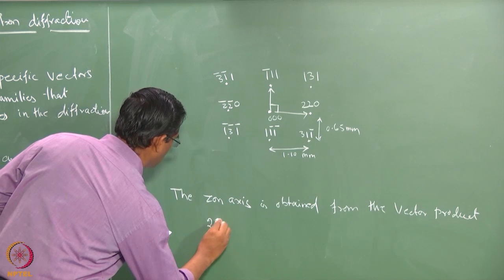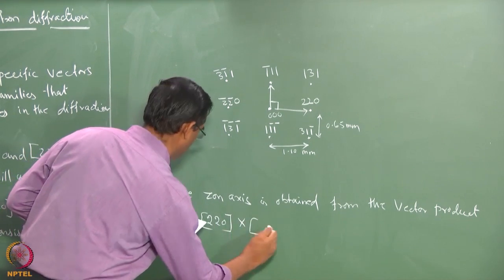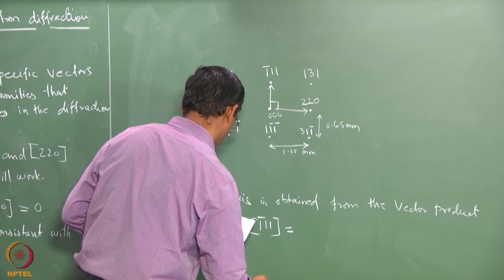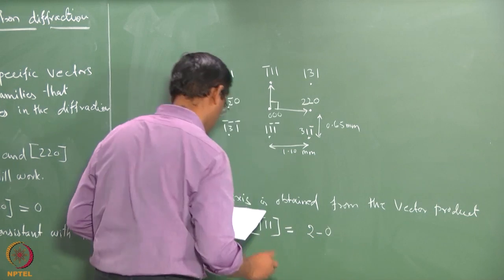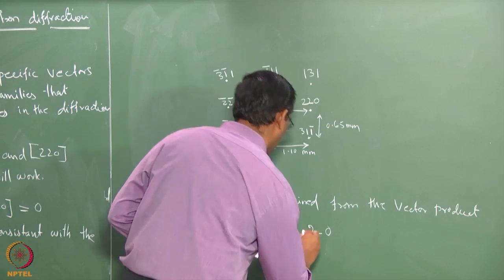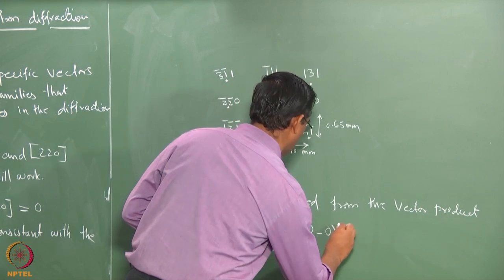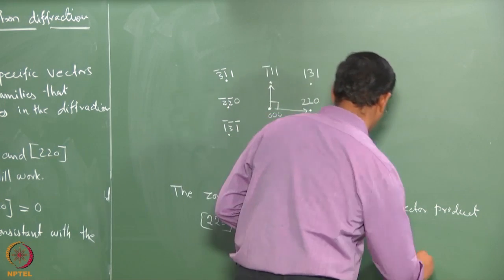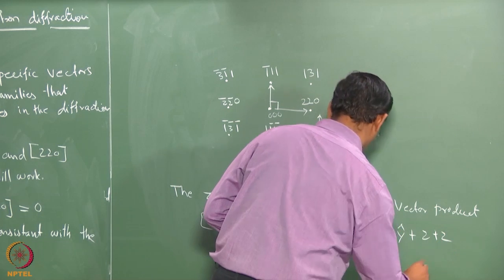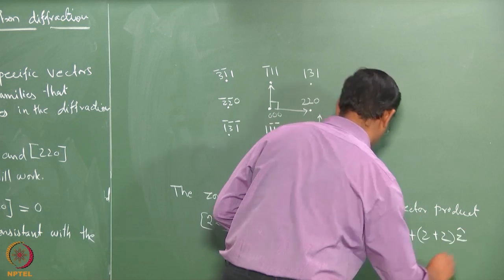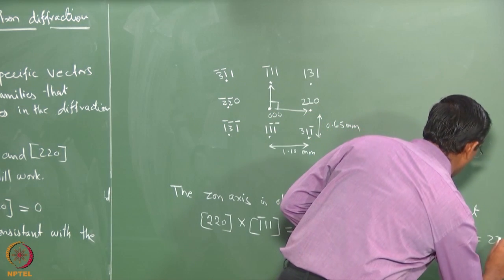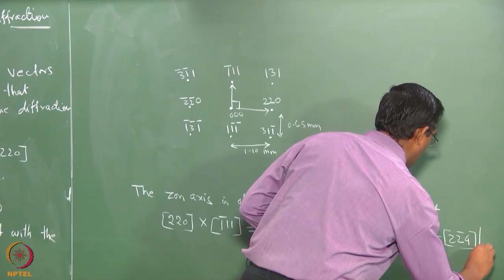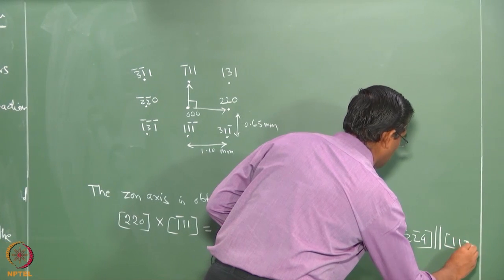That is 2 2 0 cross 1 1 1, which is equal to (2 minus 0)x plus (0 minus 2)y plus (2 plus 2)z, which is 2, minus 2, 4, parallel to 1 bar 1 2.